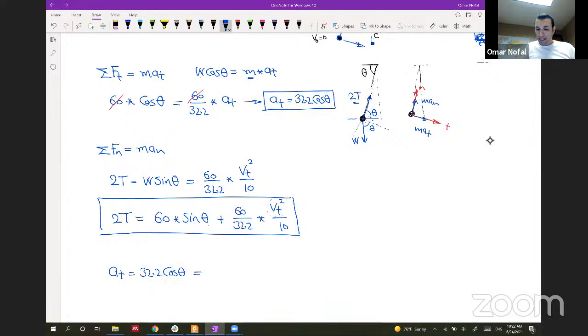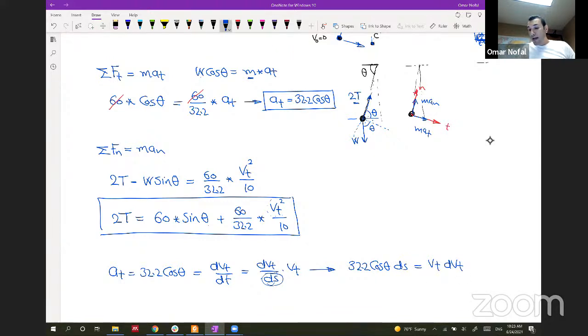And we know that the a tangent equals dv tangent dt, and equal to dv tangent ds multiplied by v tangent. So we will be using this one, but we will have to convert it in a form to deal with. So we will have 32.2 cosine theta multiplied by ds, and this will be equal to vt dvt.